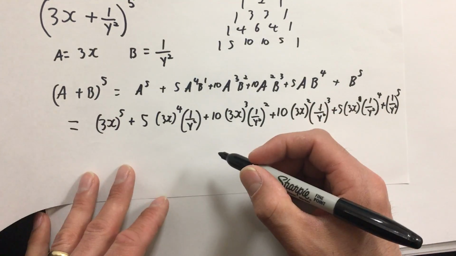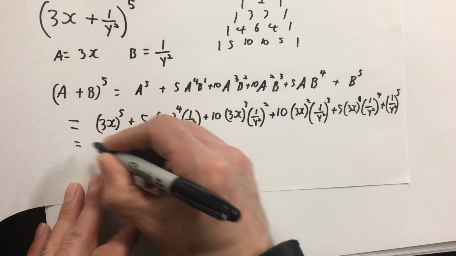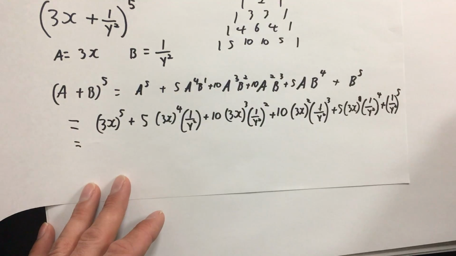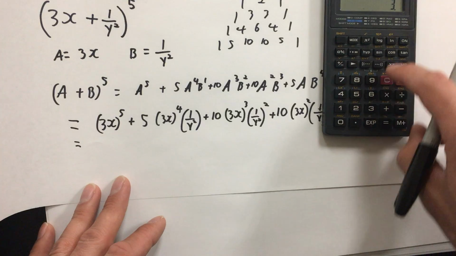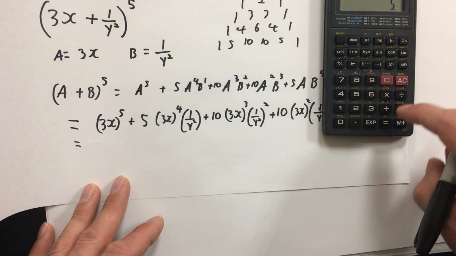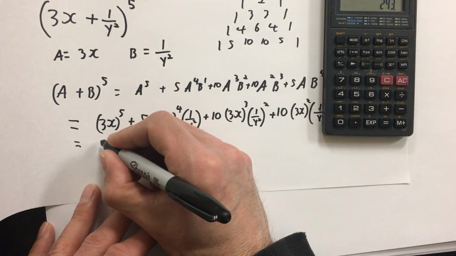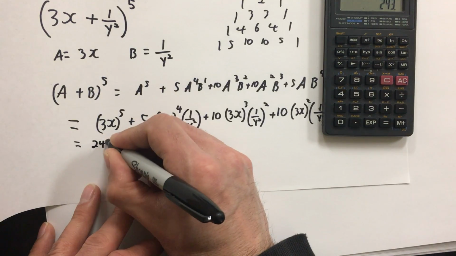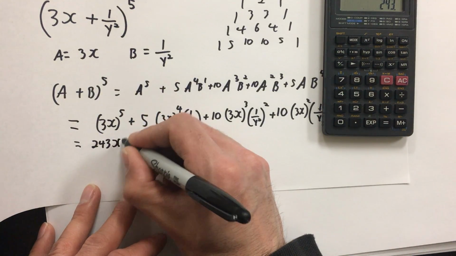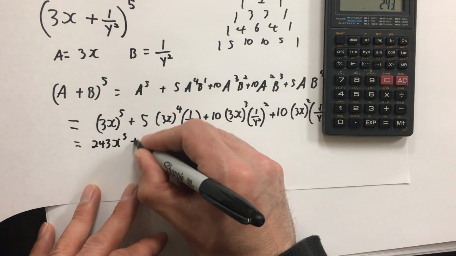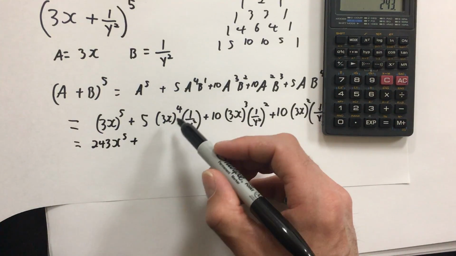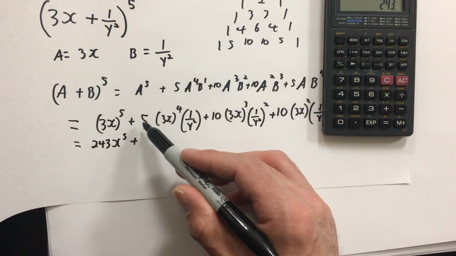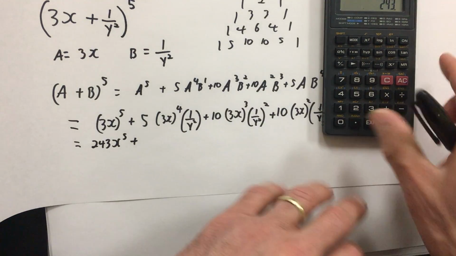Now we're going to apply our exponent rules. So here we need the fifth power of 3. So that's 243x to the 5. Here we need the fourth power of 3 and then multiplied by 5.